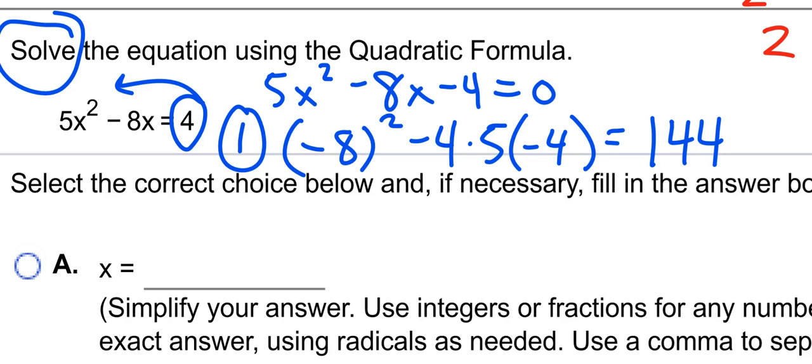Step 2, if you got the 144, you got to get those x values.